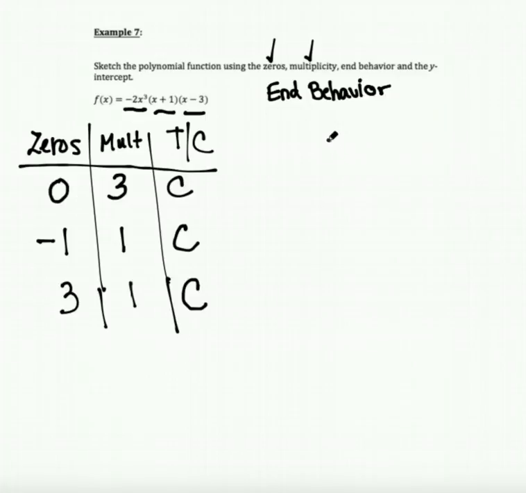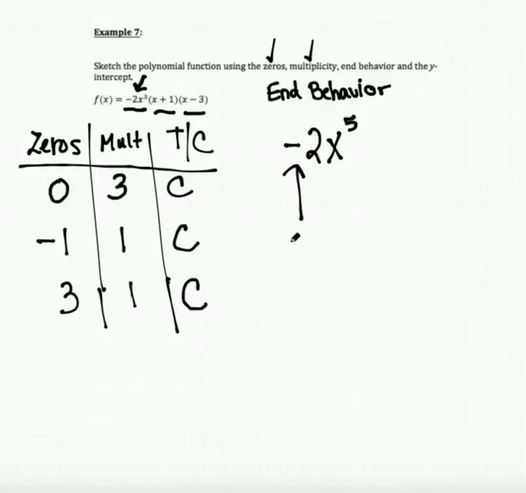So this is going to be a function that has an x to the 5th term, 3 plus 1 plus 1. Then again, I look in front, I see what is this coefficient out in front. It's a negative 2. So I know that if I were to distribute and multiply it out to get it back into standard form, my leading term would be negative 2x to the 5th.